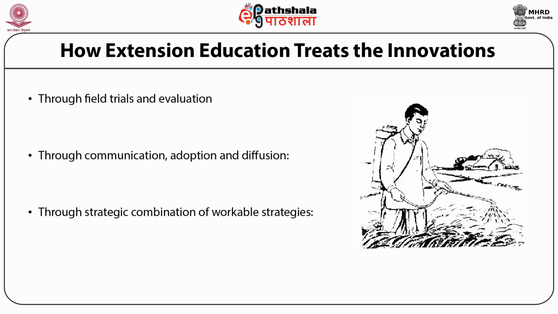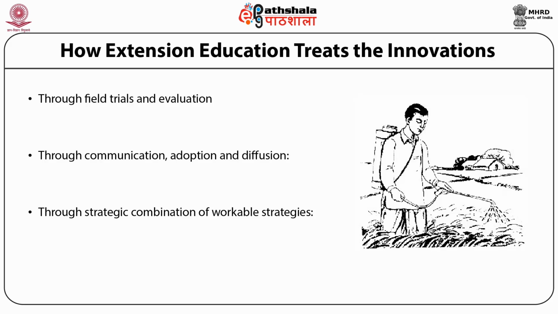The other part includes deciding about the need of the innovation in a particular locality for a particular community, etc. Apart from this, considering the alternatives available and combining possible alternatives with the existing and establishing the blend with the indigenous processes or methods. This can only be achieved through strategic combination of workable strategies. That is how extension agencies take care of innovations.